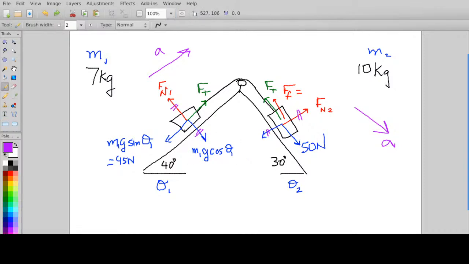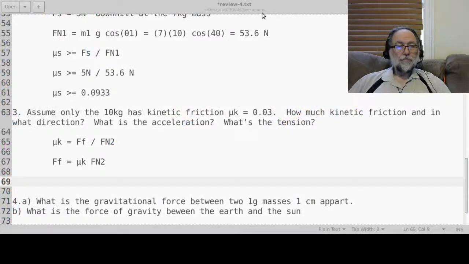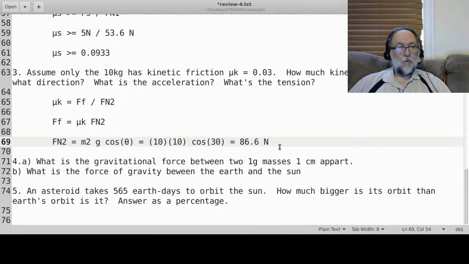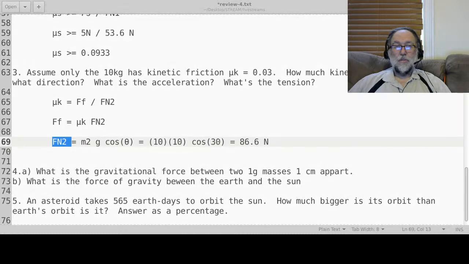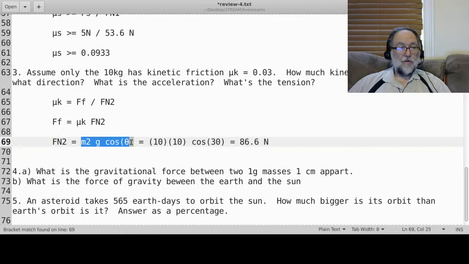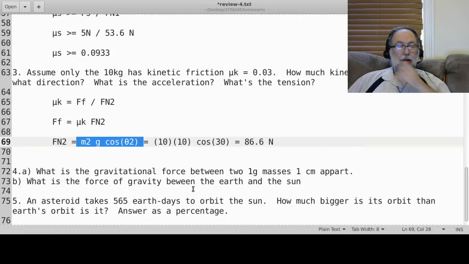And so let's switch back, and I've got this equation right here. Basically the normal force for number 2 is going to be equal to the perpendicular force of gravity for number 2. Whoops, I guess I should put a theta 2 there. Like that.